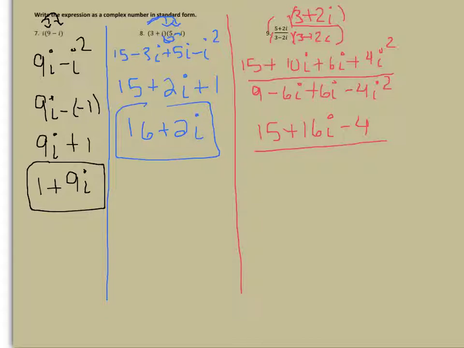The bottom I have 9 plus 4, because i squared is negative 1, so it changes to plus 4 instead of minus 4. Okay? So I have 11 plus 16i over 13.